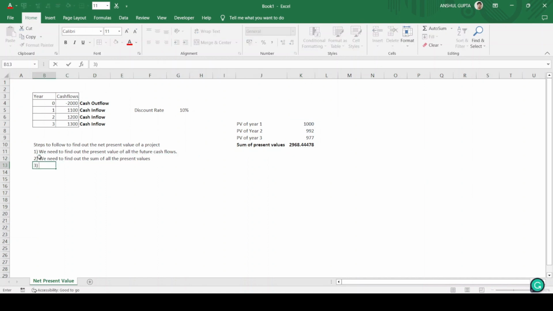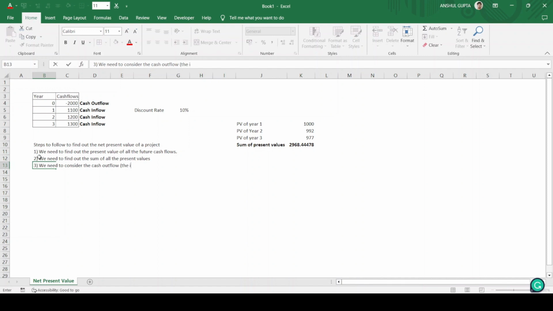Moving forward to the third step, that is we need to consider the cash outflow. And what is a cash outflow?